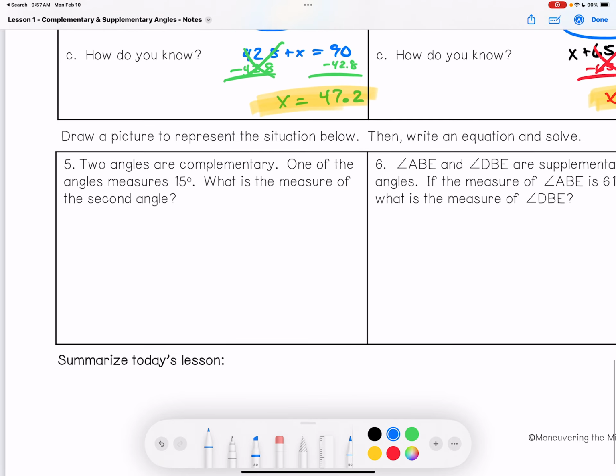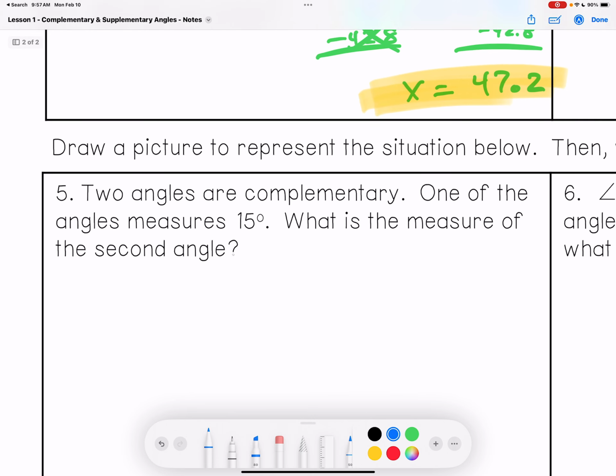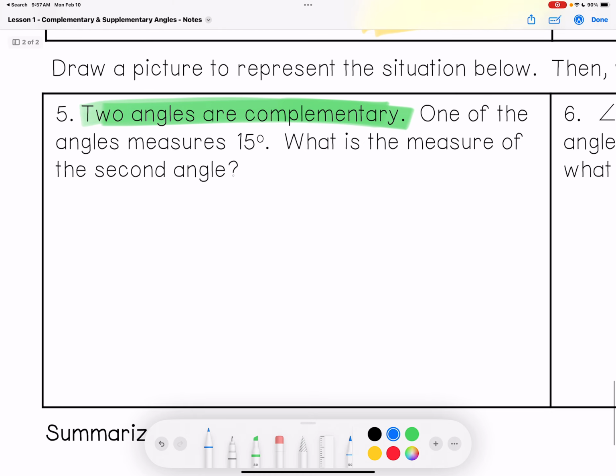All right, draw a picture to represent the situation below, then write an equation. All right, first of all, two angles are complementary. C comes before S, so it's complementary 90 or 180. It's 90. So it wants us to draw a picture. So if it's 90 degrees, what does a 90-degree angle look like?